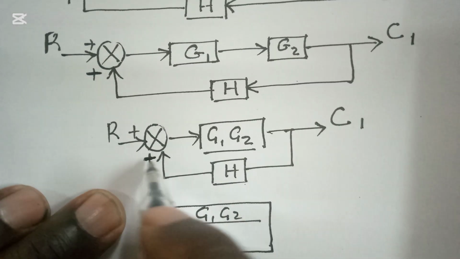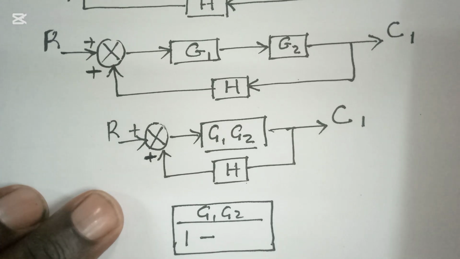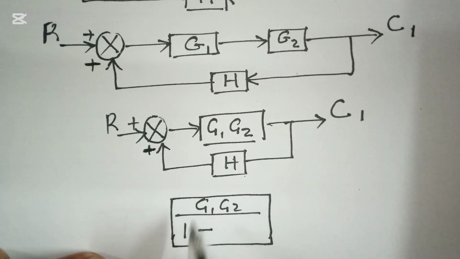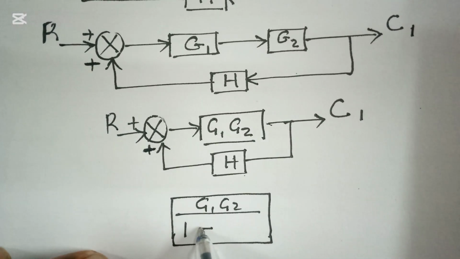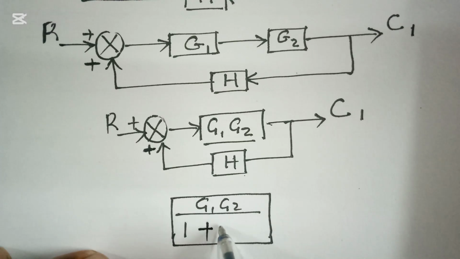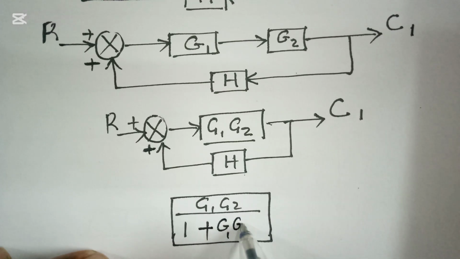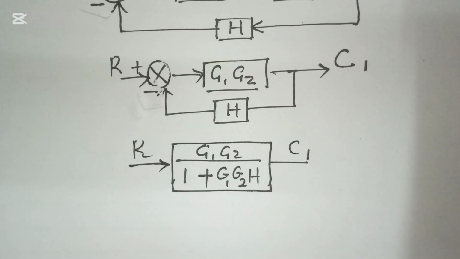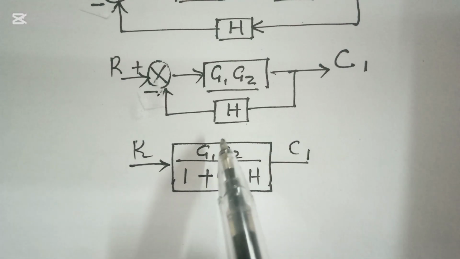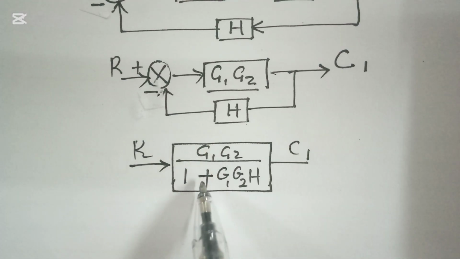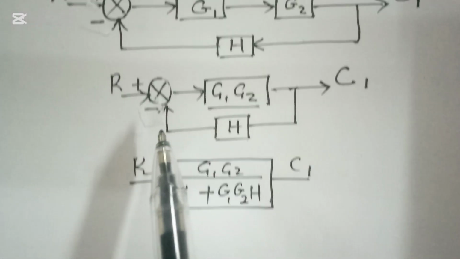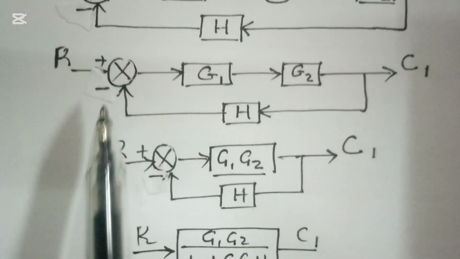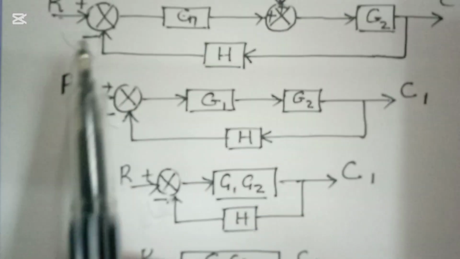And so when we come here, this is now going to be plus G1, G2, H. So this is what we have after eliminating the feedback. I have corrected here, it's plus. As you can see, I have put the negative, which was formerly supposed to be there.